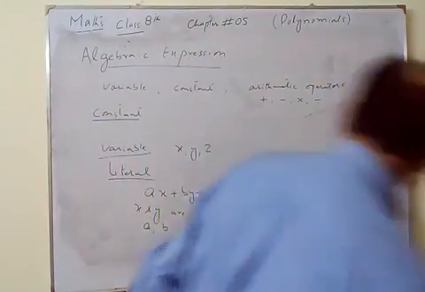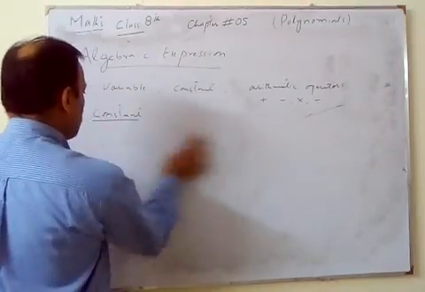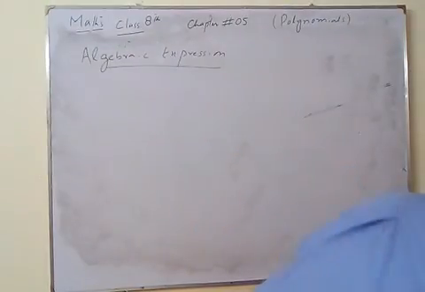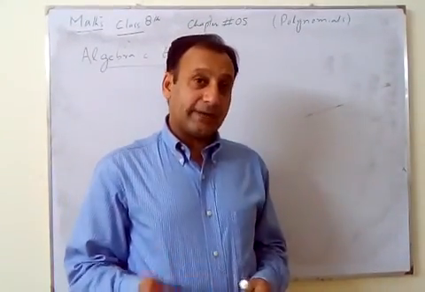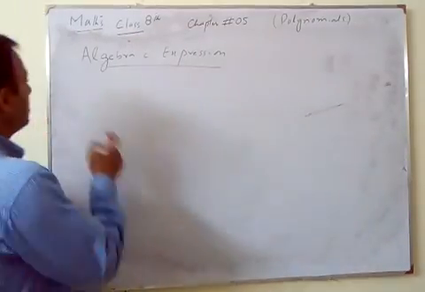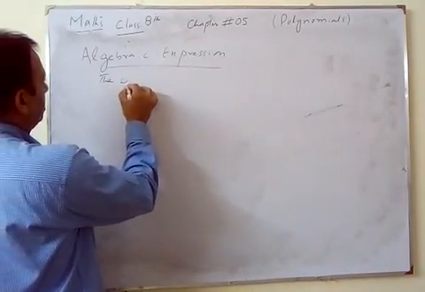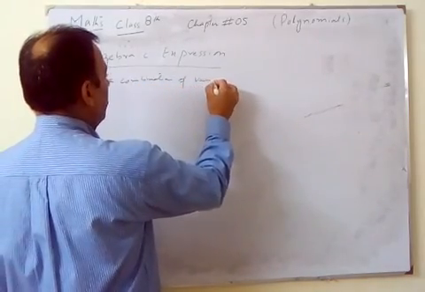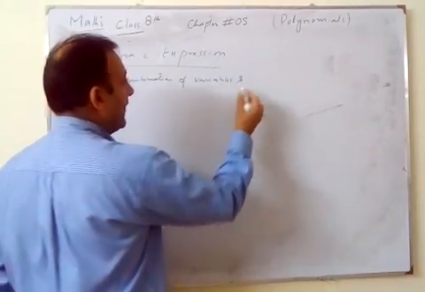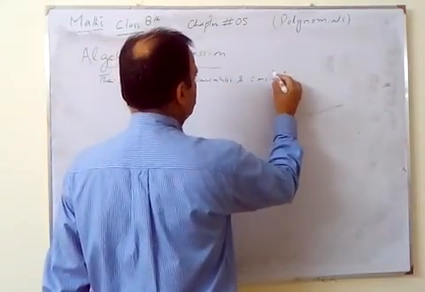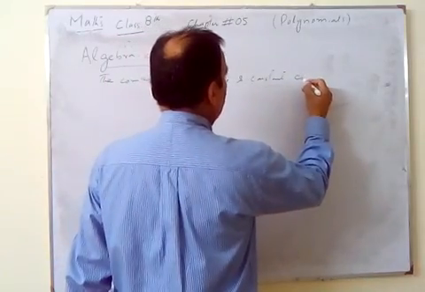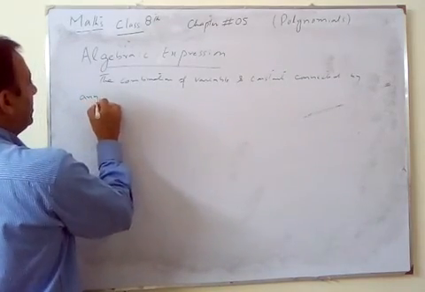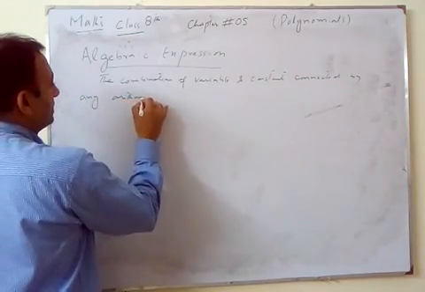Many things you have already studied about this, such as what the coefficient, power, index and exponent are. Algebraic expression, I have already told you, is the combination of variables and constants connected by any arithmetic operator.